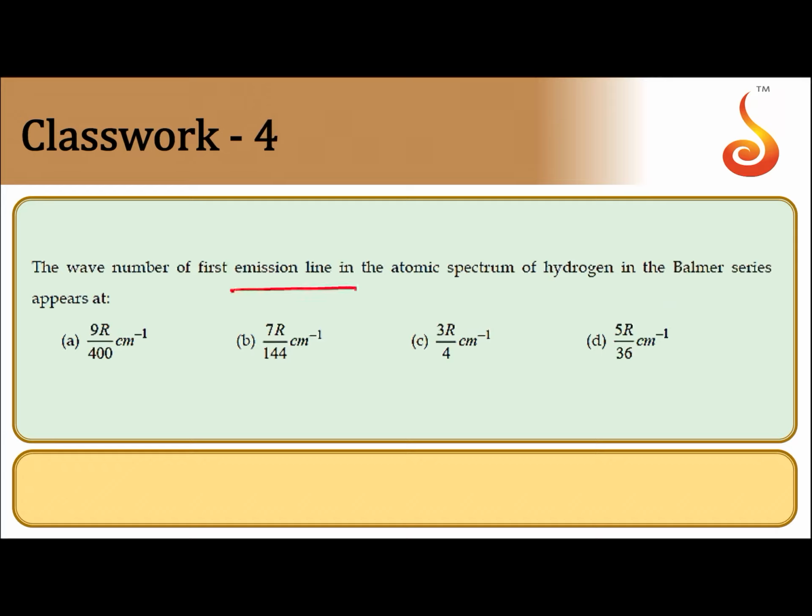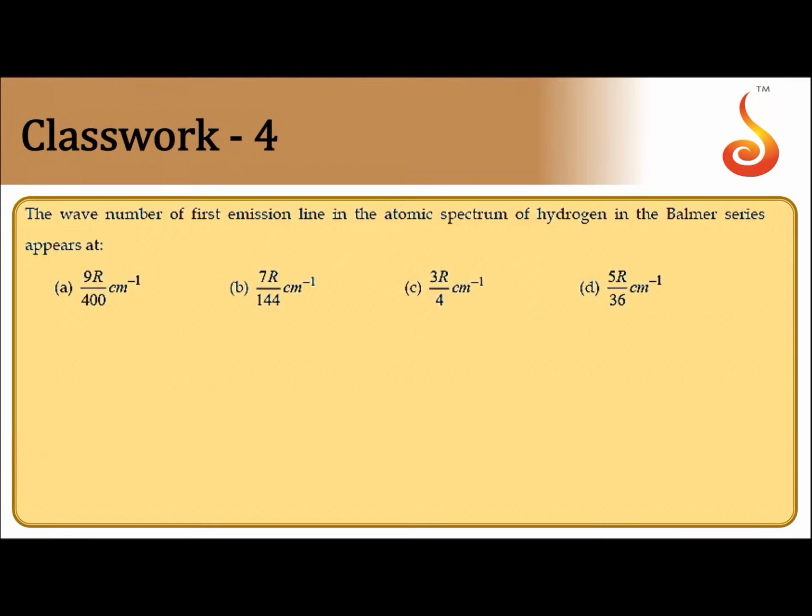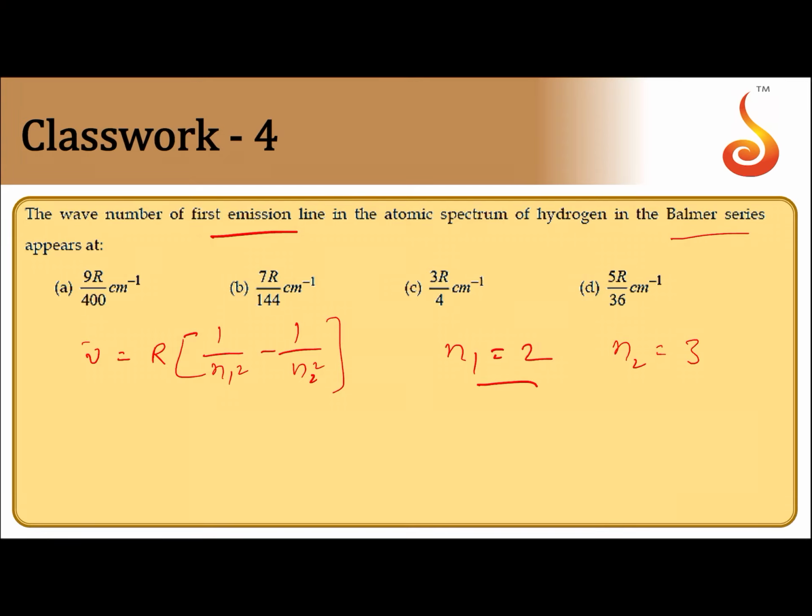Then, the wave number of the first emission line in the atomic spectrum of hydrogen in the Balmer series. It is the first emission line, and that too in the Balmer series. Rydberg's equation: nu bar is given by R into 1 by n1 square minus 1 by n2 square. For the Balmer series, n1 is equal to 2, and for the first emission line, n2 is equal to 3.